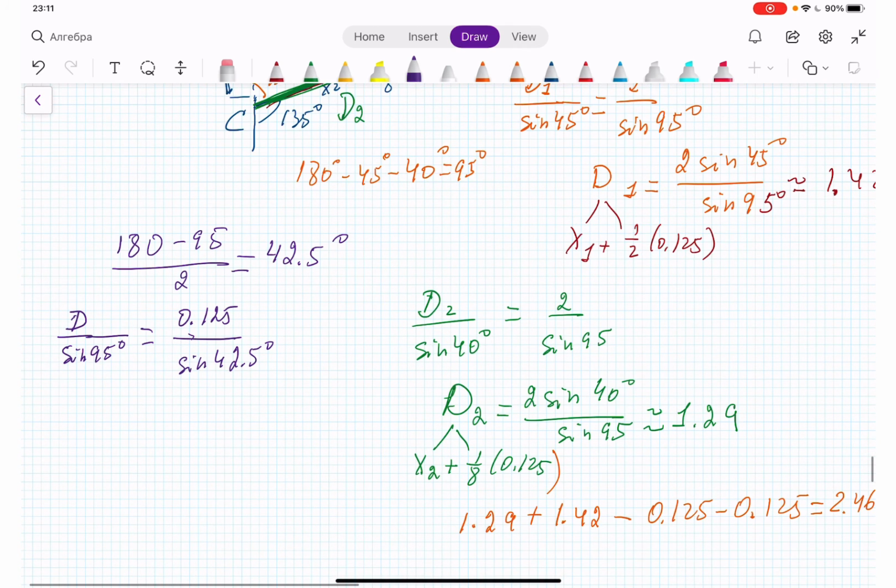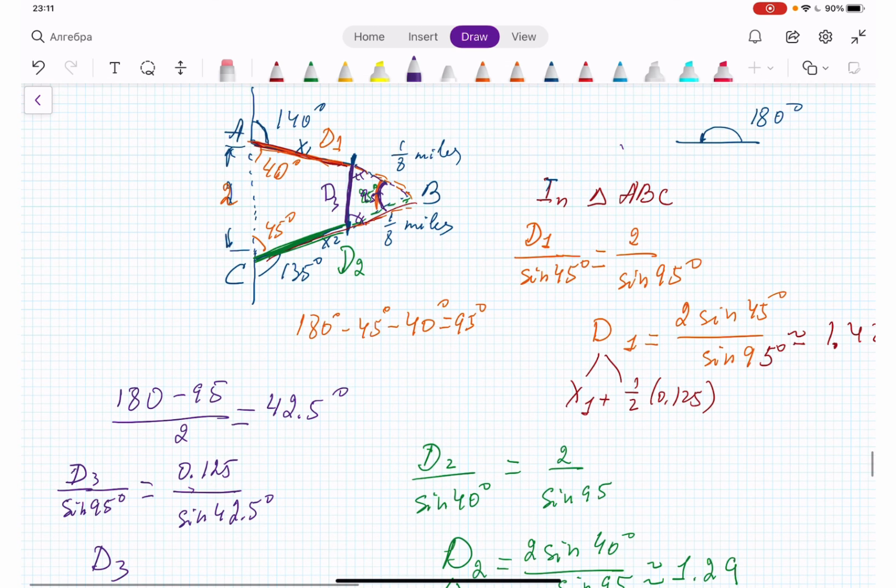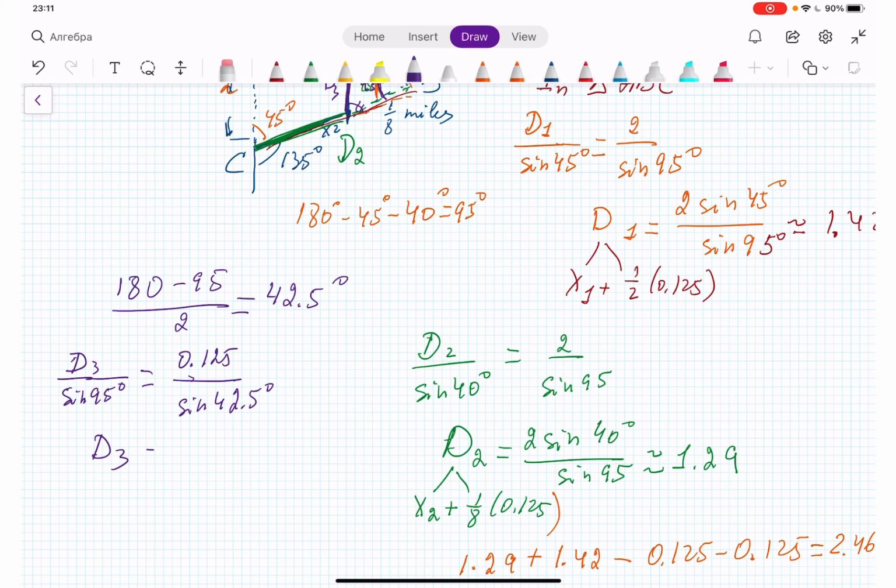From here, D3, this black horizontal line, is equal to sine 95 degrees times 0.125 divided by sine 42.5 degrees. And this is approximately 0.184.